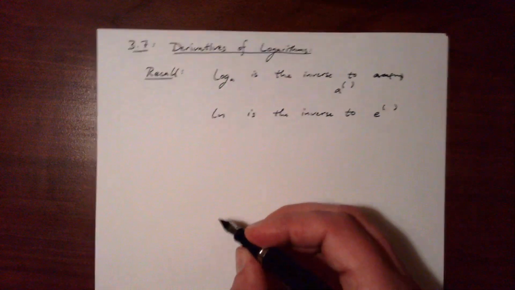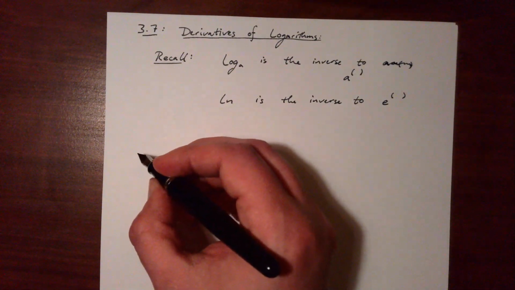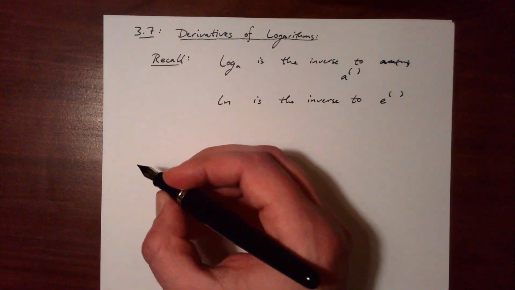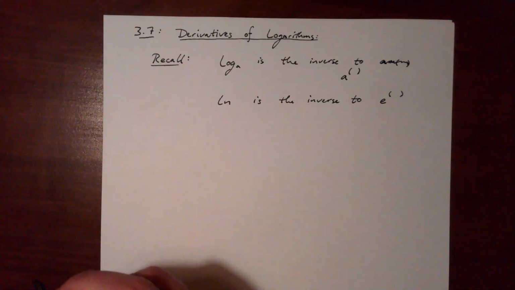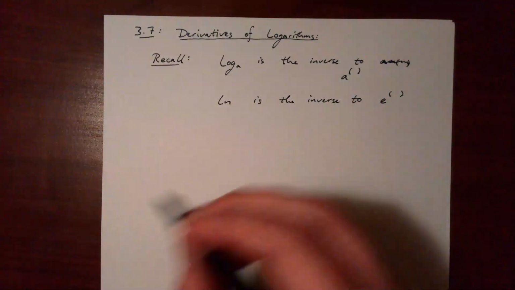So now what that means is that we'll be able to apply some of the same sort of spirit to this as we did to the inverse trig functions, in that we'll set up an equation, we'll rewrite it the other way, and then we will hopefully be able to solve for the derivative that we want.